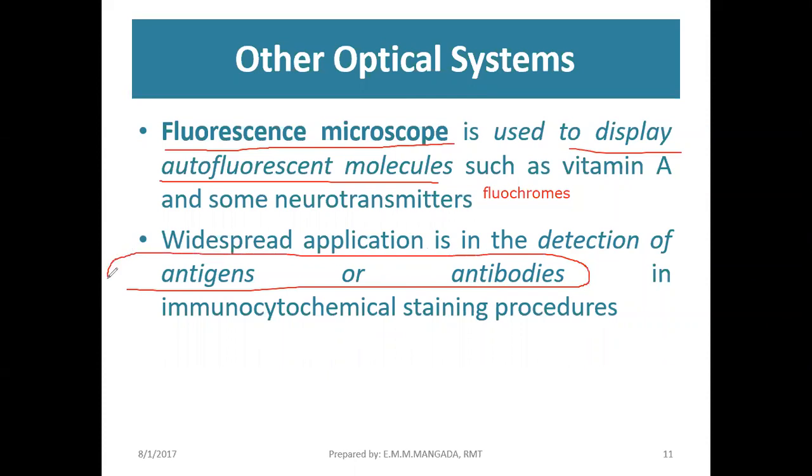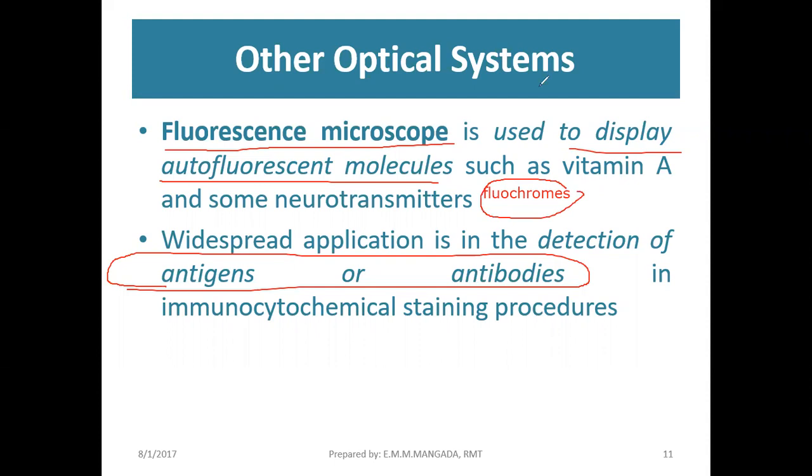So we use antibodies, which can either be polyclonal or monoclonal, to detect our antigens in the tissue. For example, we want to know if this brain tissue coming from a patient has the rabies antigen. So we're going to detect it using antibodies that are labeled with your fluorochromes. Later we will appreciate how this is done.